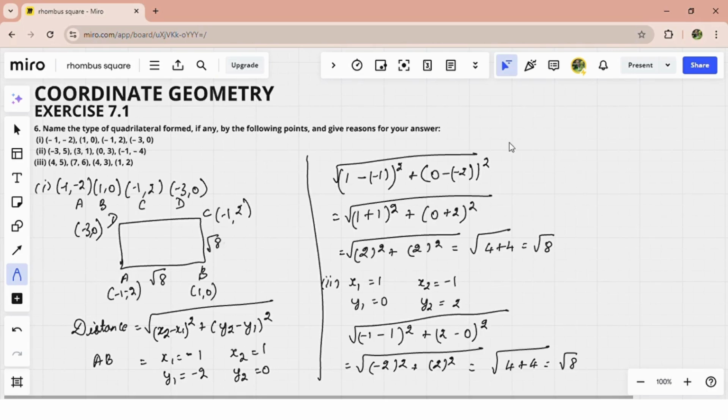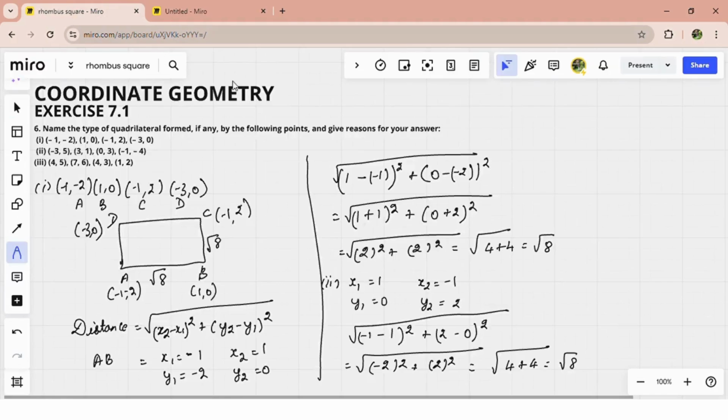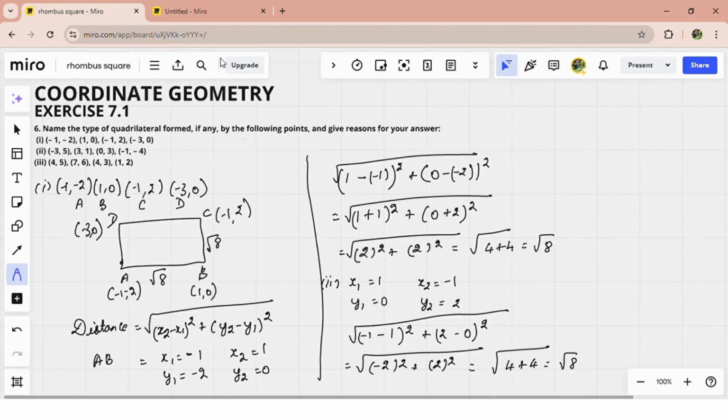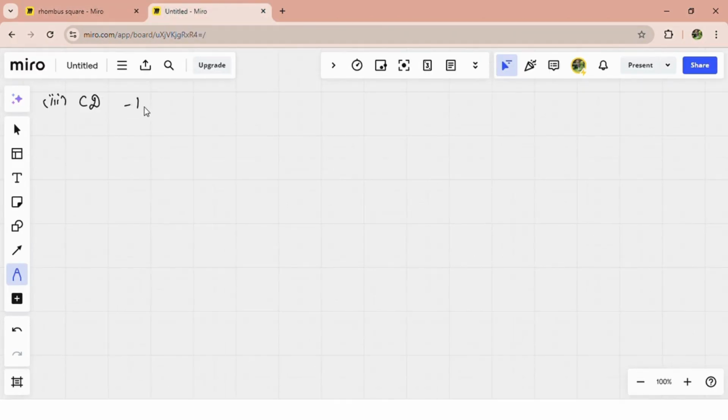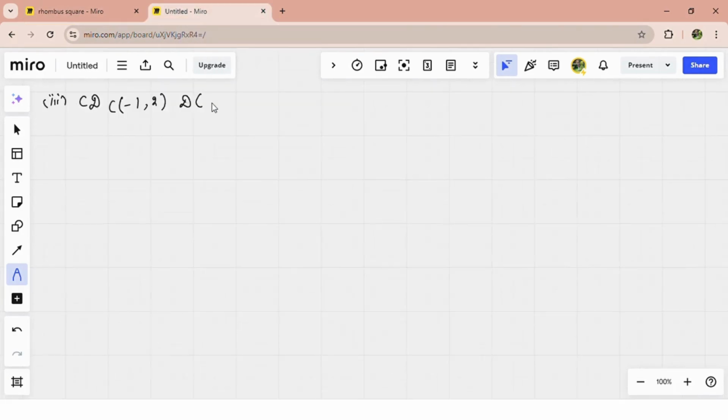Now the third sum is CD. We'll see the points now. C is (-1, 2) and D is (-3, 0).